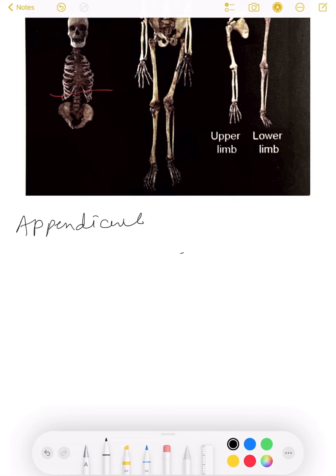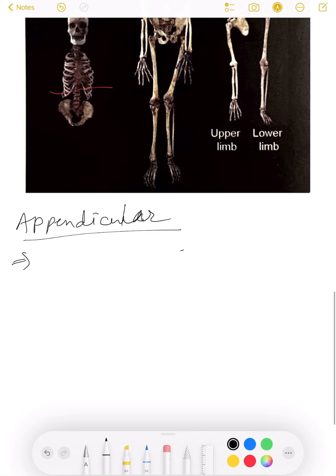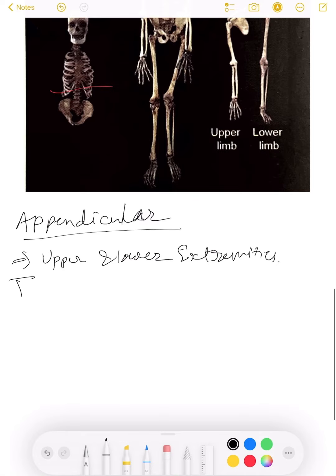As written in the diagram, what is the appendicular skeleton? It has upper limb, lower limb, meaning different types of extremities. So upper and lower extremities, and it has joints. This much is enough.